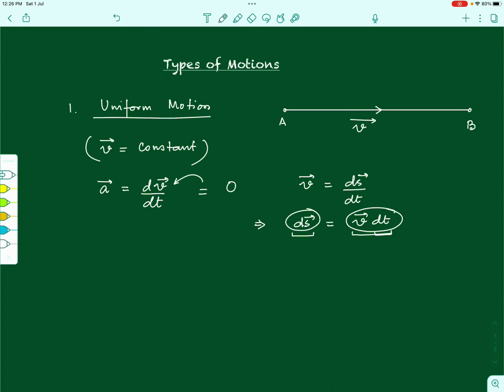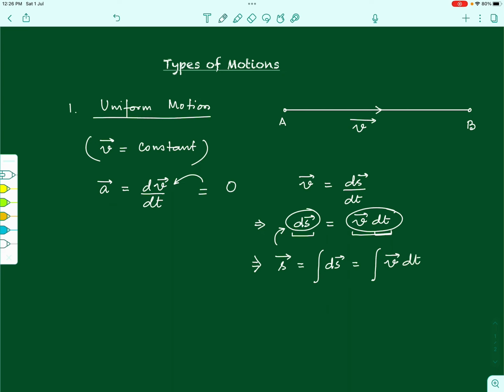Now, if we have to find out the total displacement that a body covers, we need to add these small displacements ds and get the total displacement. Addition of these small displacements is mathematically nothing but integration. So, the total displacement s, which will be the integral of ds, should be equal to the integral of v dt.